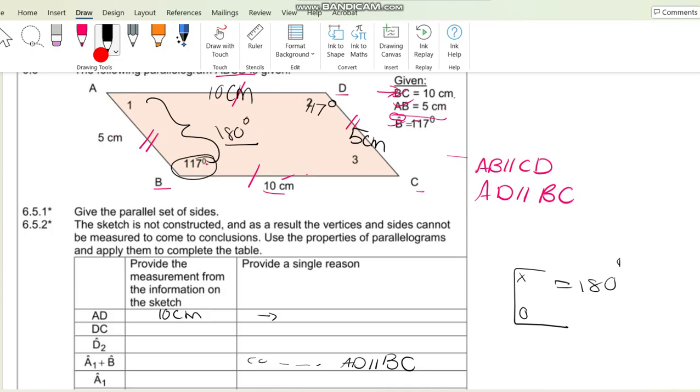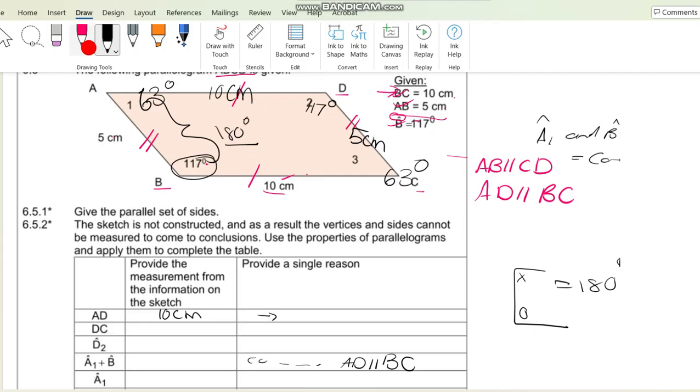Because your reasoning, A1 and B equals co-interior angles. C3 is going to be the same thing, because if that is 63 degrees, that's opposite angles, which means that will be 63 degrees. So 63, opposite angles of a parallelogram are equal.